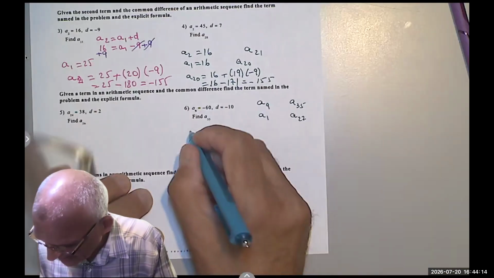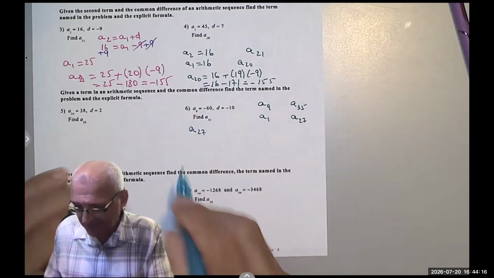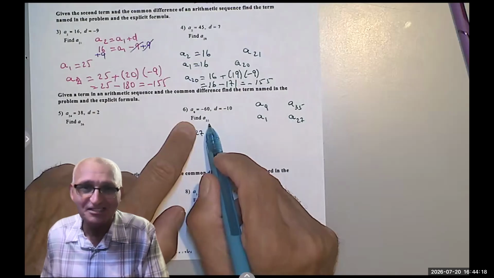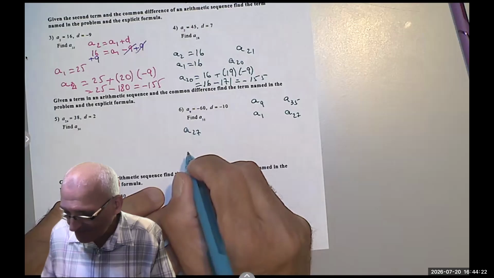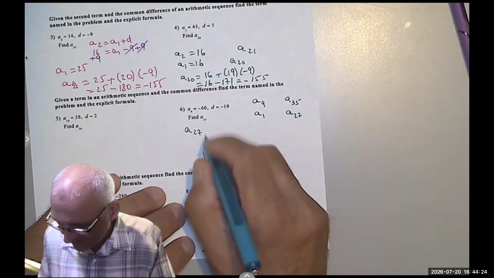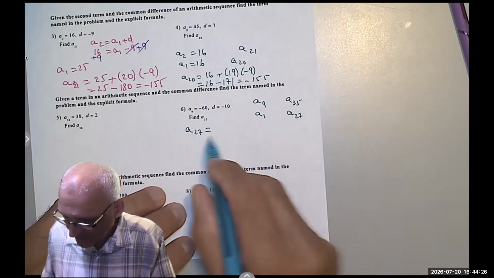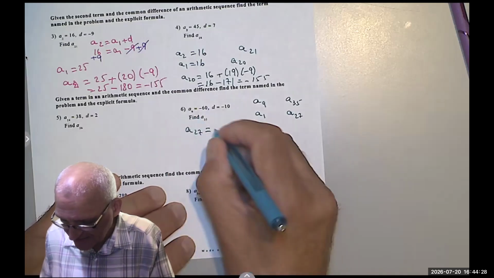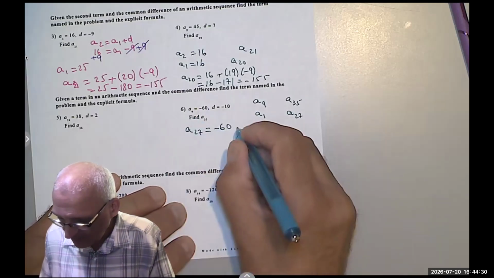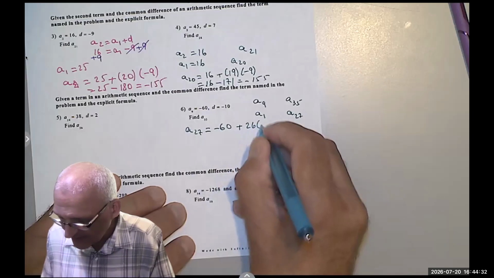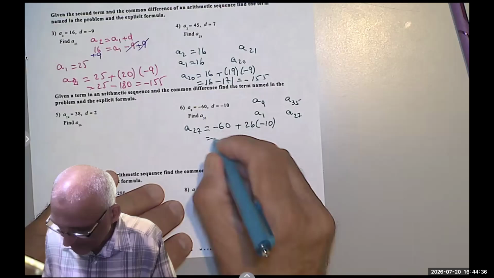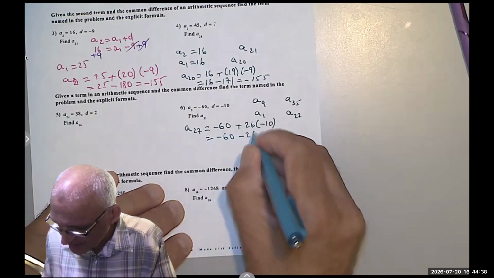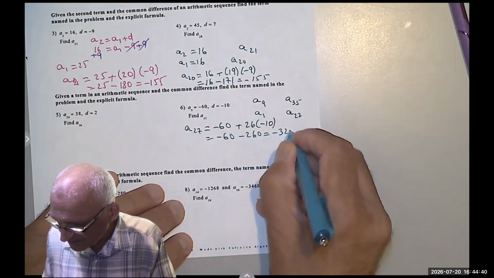So I can say a sub 27, but in the answer, of course, I would write a sub 35, which equals a sub 1, which is negative 60 in this case, plus 26 times negative 10. So that would be negative 60 minus 260 equals negative 320.